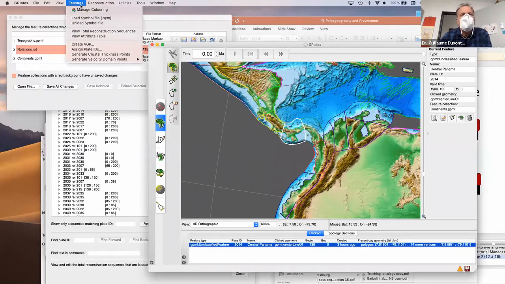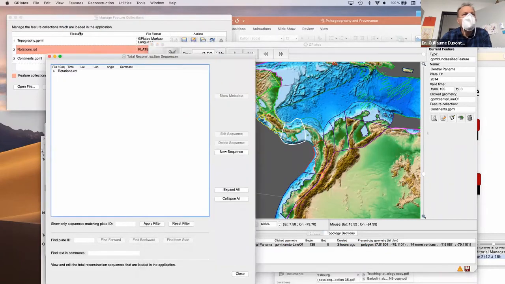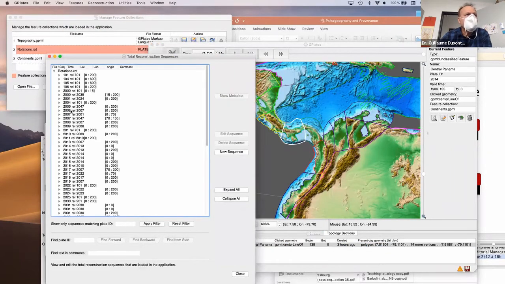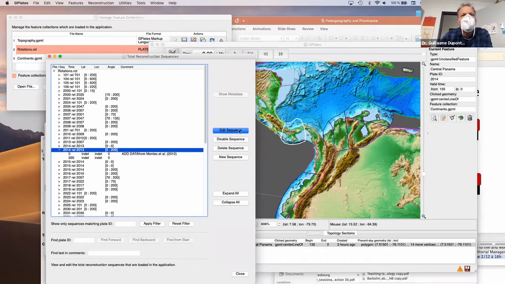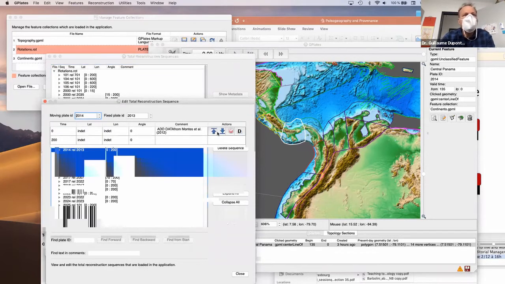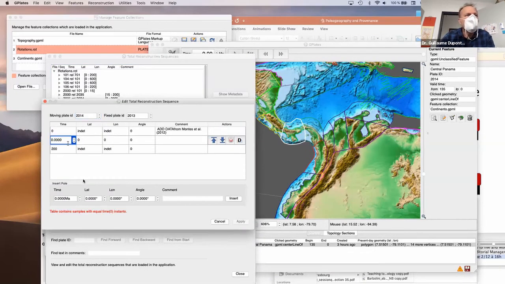So I think most of you got this right, but I'm just showing how I do that. Here I go to the reconstruction sequence, and then I look for my block 2014 with respect to 2013. This is the one, and here I can edit that sequence, and here I will just add one.